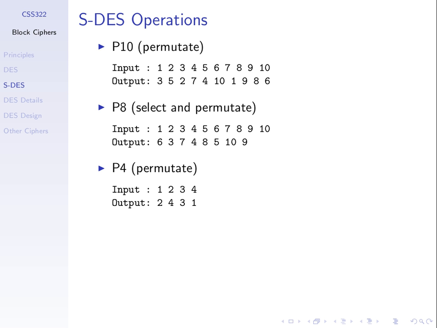Bit 7. 4. 10. 1. 9, 8, and 6. This is the output from applying P10, permutation 10. Input 10 bits, output 10 bits.